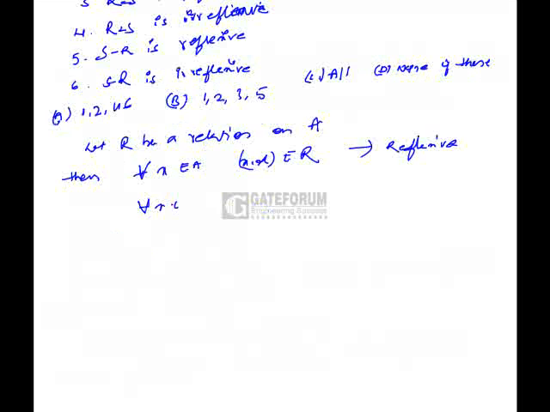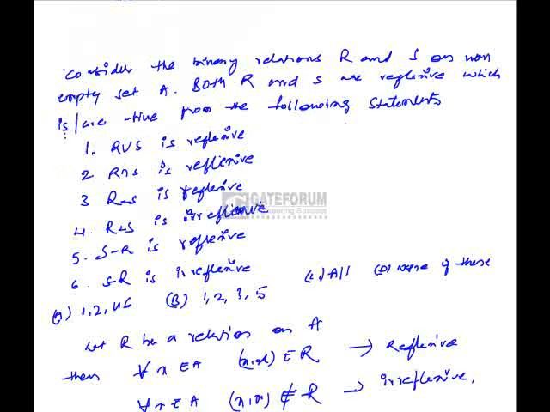For all x belongs to A, (x, x) should not belong to R. This is the condition for an irreflexive relation. Here it is given that both R and S are reflexive relations. That means all the diagonal elements are present in the relations R and S.